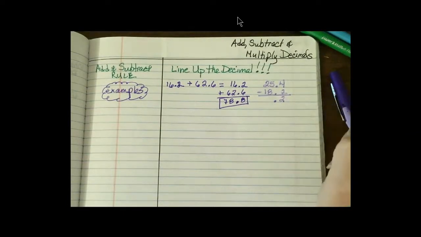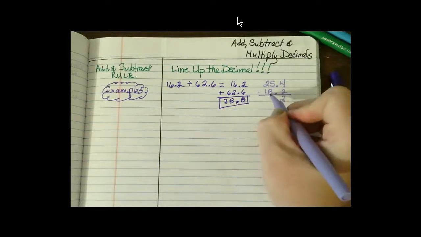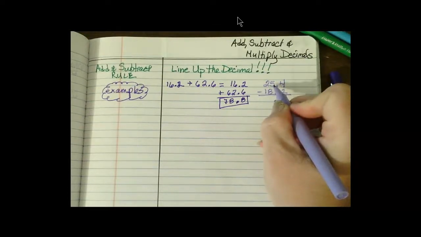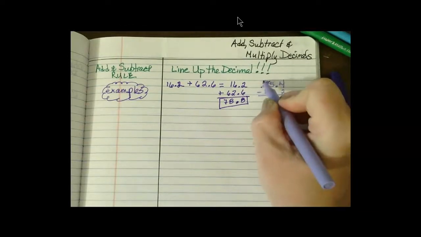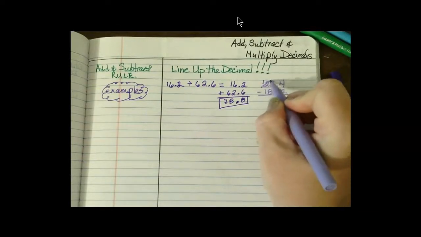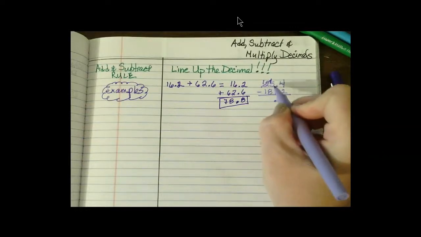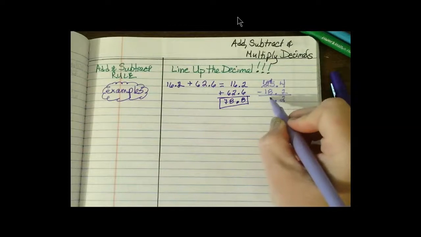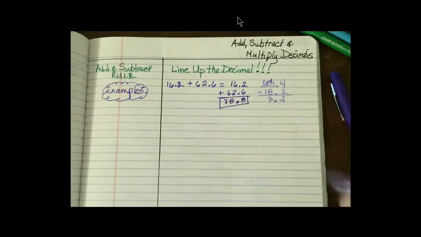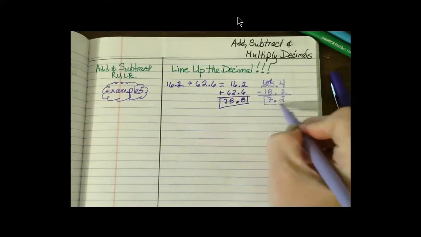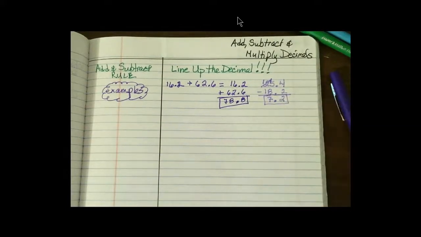Keep that decimal right there. 5, can't take 8 away from 5, so we need to go next door and borrow. So that 2 is going to become a 1. And we take those 10 and we add them to that 5. So now we've got 15 minus 8. That's going to leave us with 7. 1 minus 1 is 0. So our answer is 7.2.